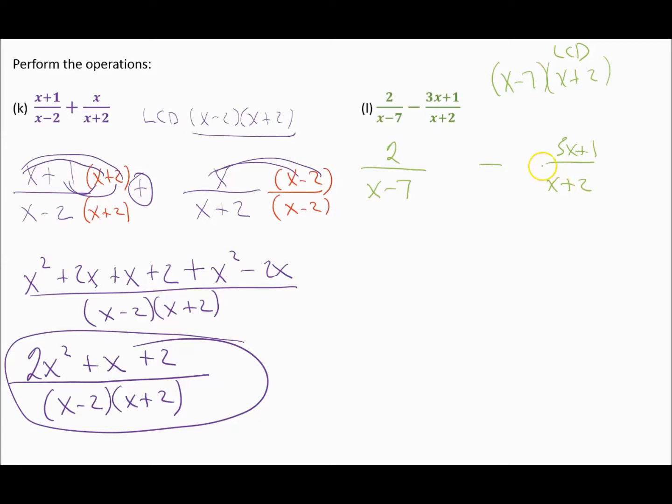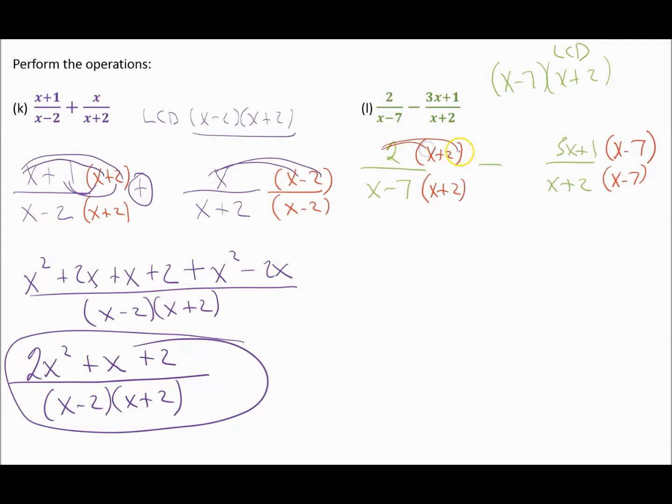Now to build my common denominator, I'm going to multiply by what I'm missing. The x minus 7 is missing an x plus 2. I need to multiply that in both the numerator and the denominator, whereas the x plus 2 is missing an x minus 7. And I'm going to multiply that in the numerator and denominator.